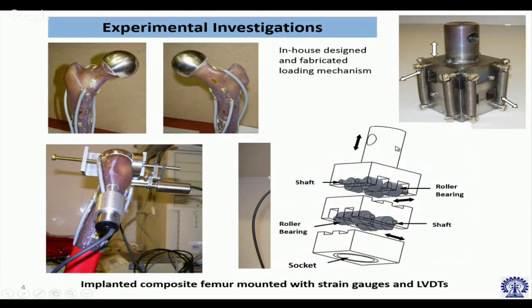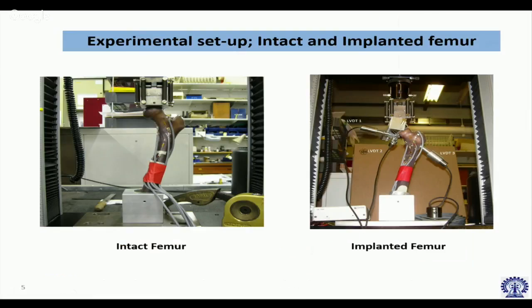When you apply the load, there are roller bearings on the two sides and along two directions, and it moves like a natural femur. Here the loading mechanism has been fixed on the machine, and we are testing an intact femur. You can see strain gauges already mounted on it, and then we are also testing the implanted femur.